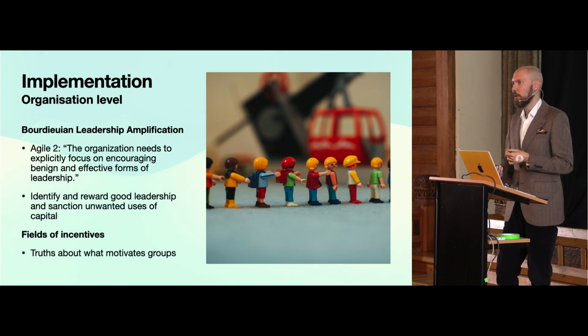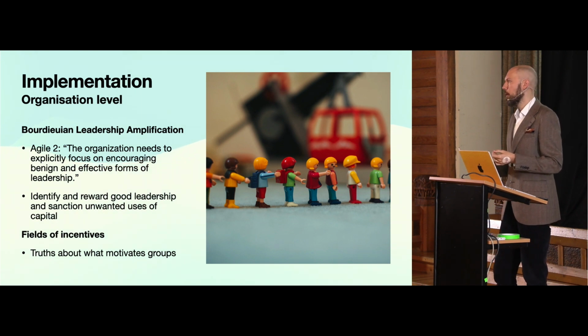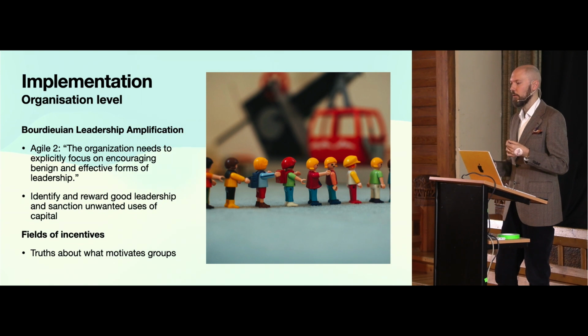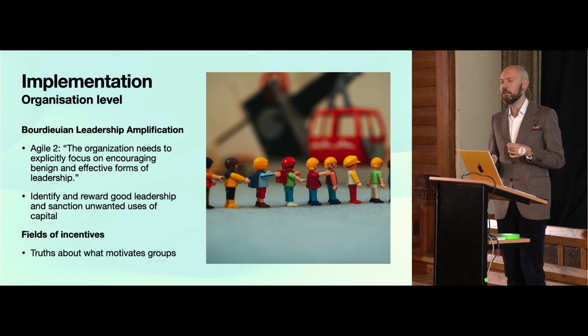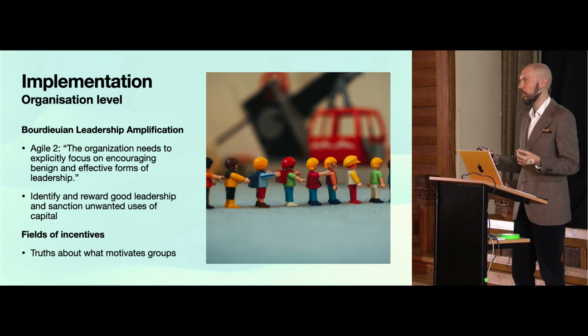Organization level, some things you can think here. Agile 2. In Agile 2 there's been a lot written about forms of leaders and different types of leaderships and enabling benign types of leadership. Bourdieu would actually give us tools to do something about this.